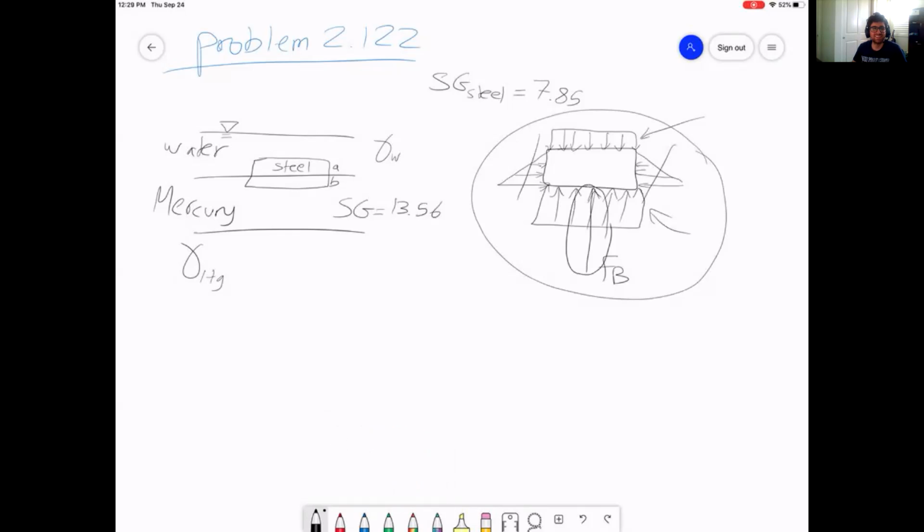First thing: free body diagram, exactly. So you have a block, you have the buoyant force from water, and you have the buoyant force from mercury. They're not equal in magnitude because the specific weight is different. So FB of mercury, and you have basically what? The weight of the steel block. Yes, exactly.